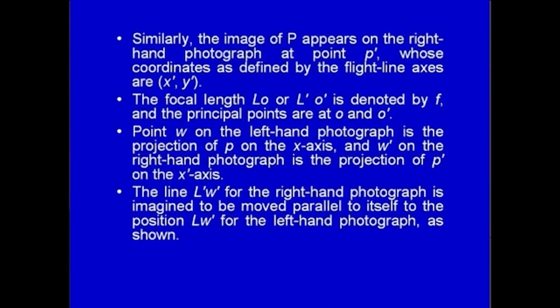Point w on the left hand photograph is the projection of p on the x axis, and w dash on the right hand photograph is the projection of p dash on the x dash axis. The line L dash w dash for the right hand photograph is imagined to be moved parallel to itself to the position L w dash for the left hand photograph, as shown.